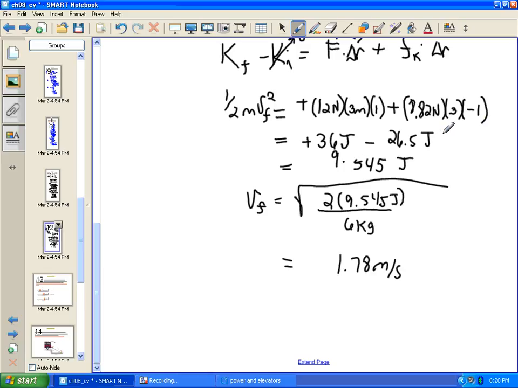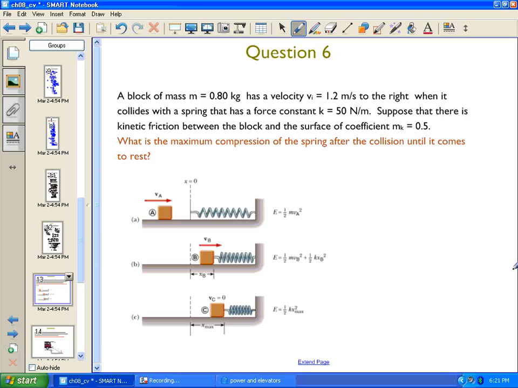Notice that if friction was not doing work, we wouldn't be subtracting this term, and therefore we would have a much greater velocity or a much greater change in kinetic energy at the end of the work being done by this force. Okay, let's go to the next problem.